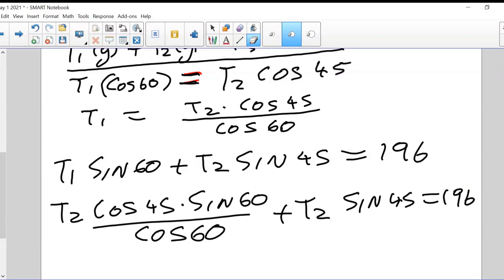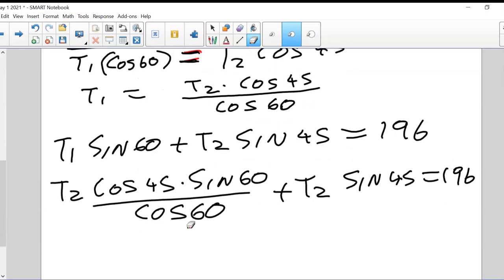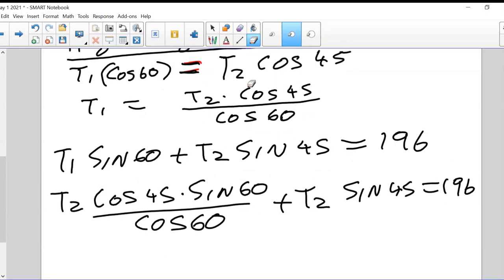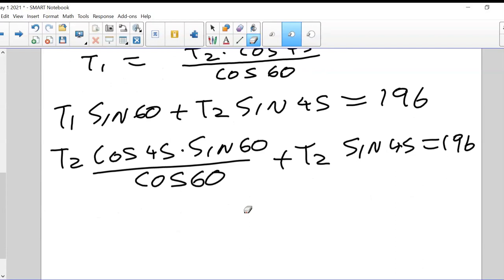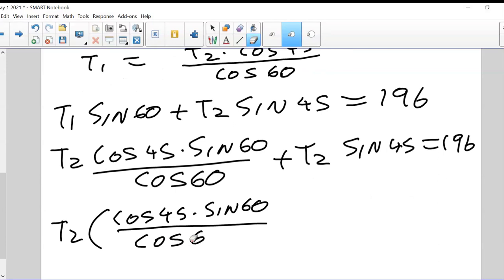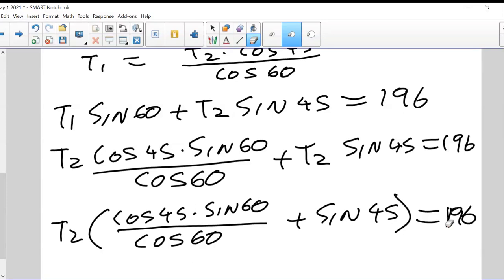Yes, Richard, you're right. We didn't multiply by the sine of 60 as well. I'm going to come back to just simply using the numbers. So T1 is T2 times all of this. I'm going to replace T1 with T2 cosine of 45 times the sine of 60 over the cosine of 60. And then we can put that together now. So my T2 times cosine 45 sine 60 over cosine 60 plus the sine of 45 is equal to 196.